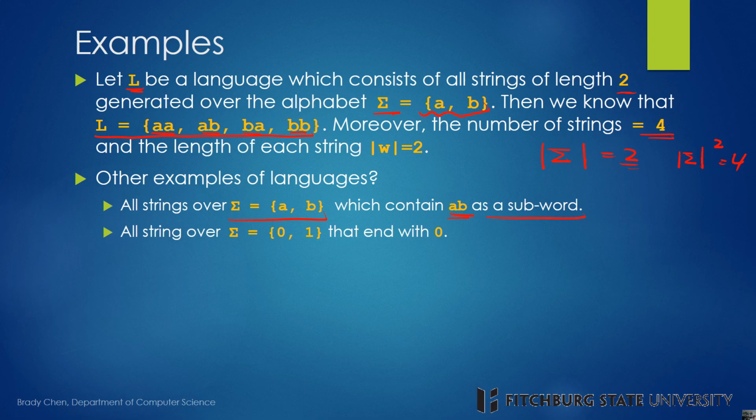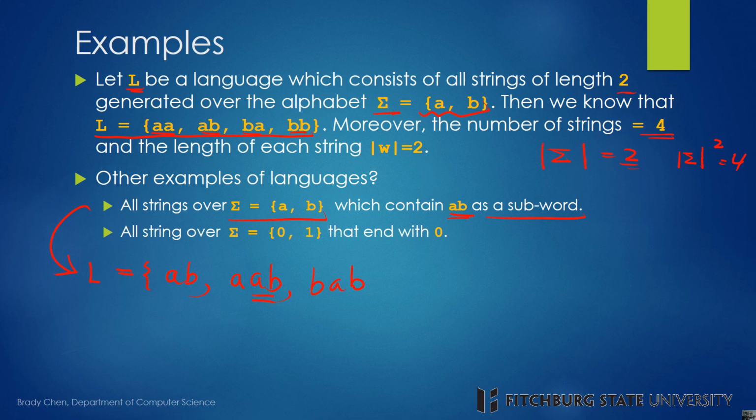Let's see. We use L again. So, of course, AB itself contains the subword AB, right? And then we can say A, AB. Is that right? And B, AB.